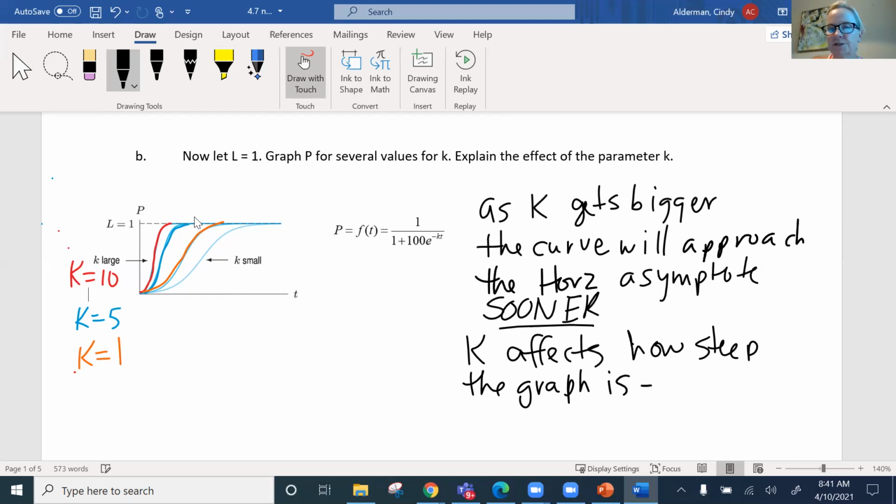And thinking Wiley terms, like how can they ask you that? You think of it as rate of growth. So if you look at k equals 10 here, that's growing way faster than k equals 1, right? Because it reaches capacity sooner in time, right?